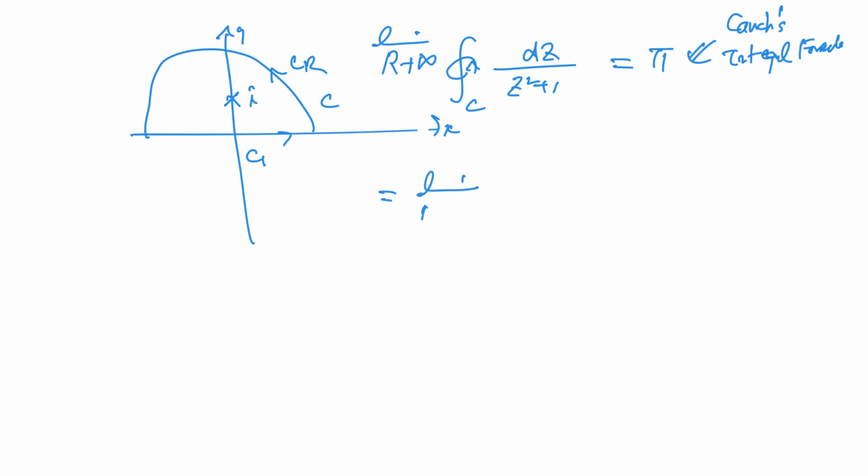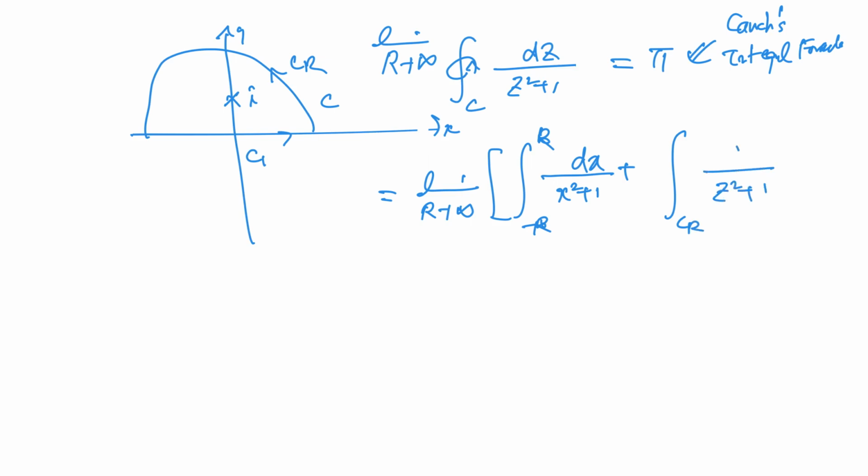But it becomes, in the limit as R goes to infinity, the integral from minus R to R of dx over x squared plus 1, plus the integral over CR. And if we know that this goes to 0, right?